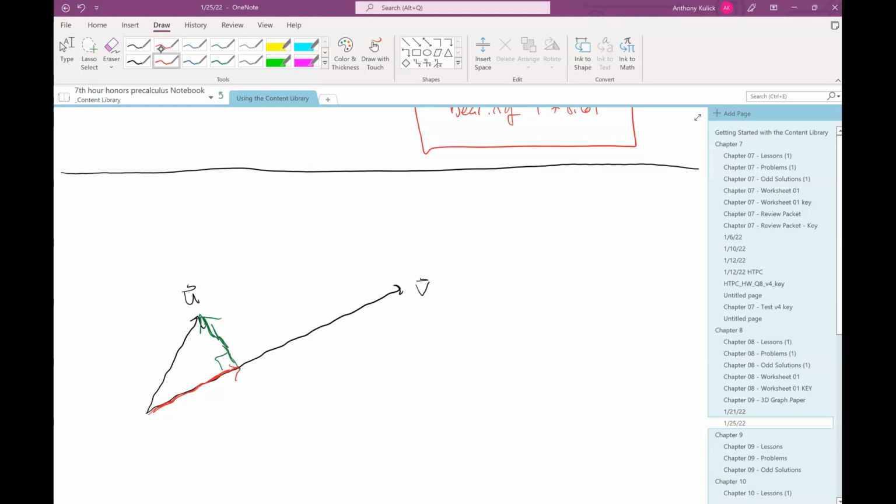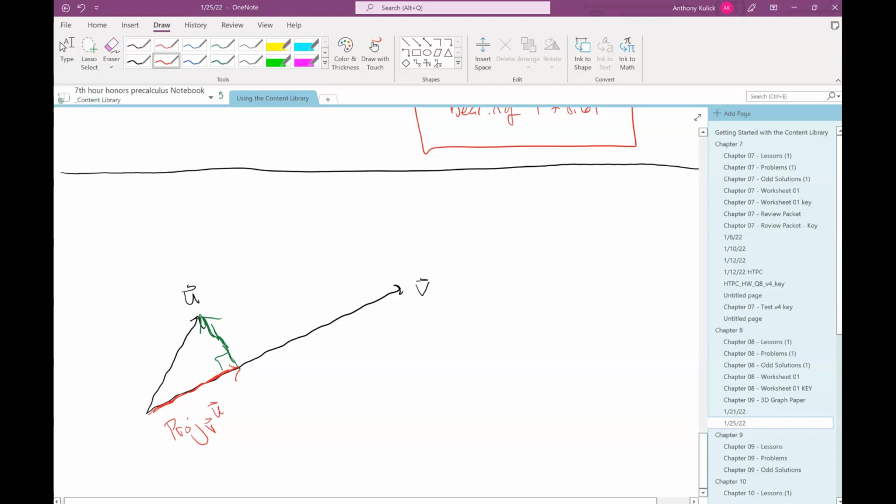Everybody observe that this is the way that the vector sum is written, right? Since I wrote the red and green vectors head to tail. We're going to give this red vector a special name. This is going to be called the projection of u onto v.